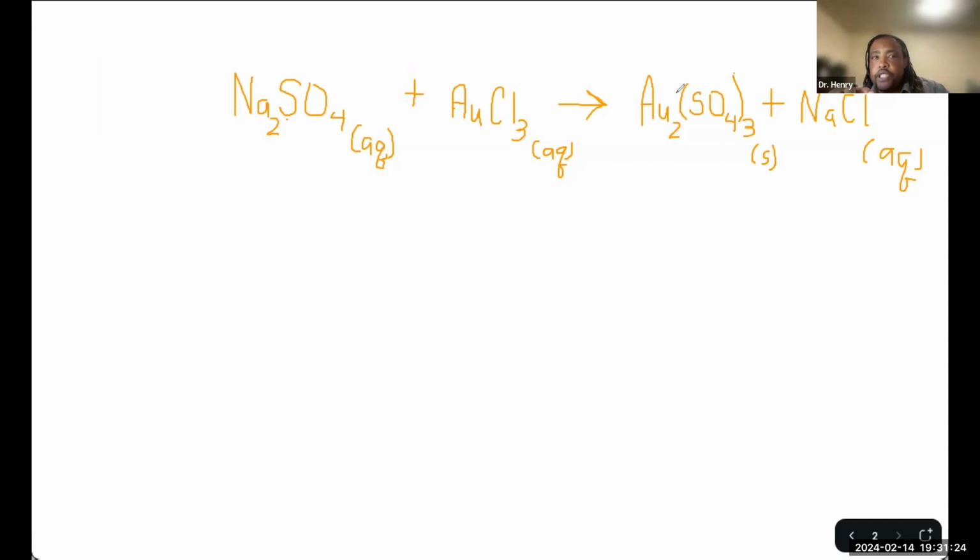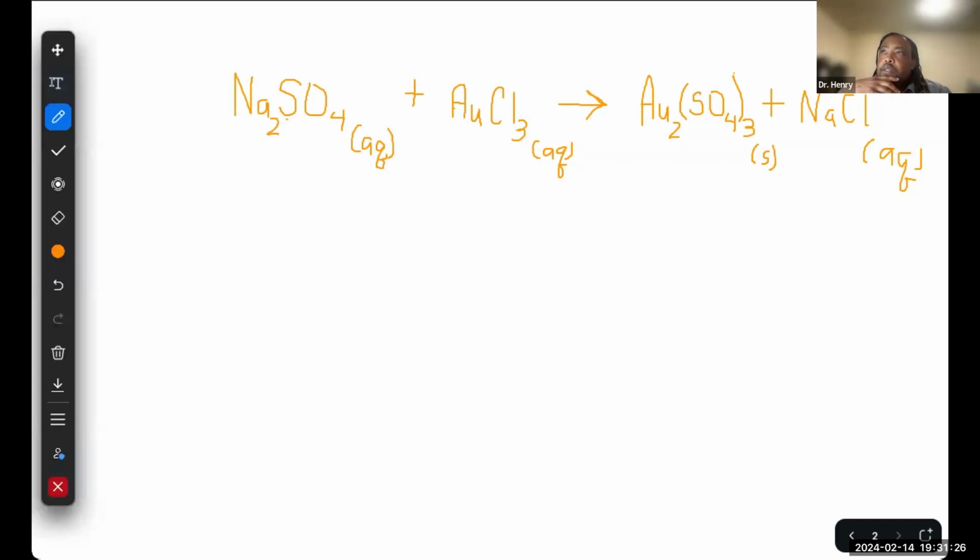Now, what the parentheses mean is that the number on the outside is being multiplied by what's on the inside.